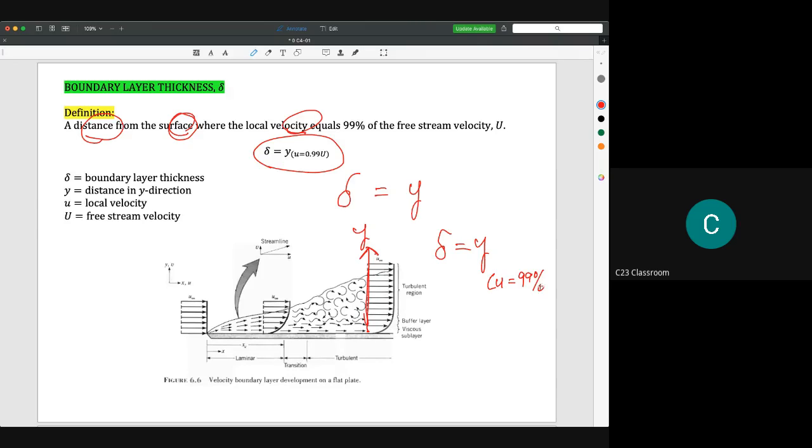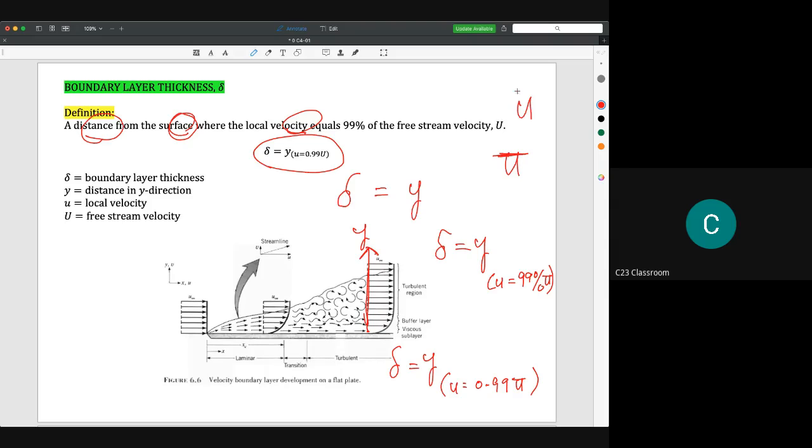Some people say 99% of capital U, but some people will write delta is equal to y, where u is equal to 0.99 of capital U. Please make sure that you write the capital U clearly. I suggest you write U with a bar like this.